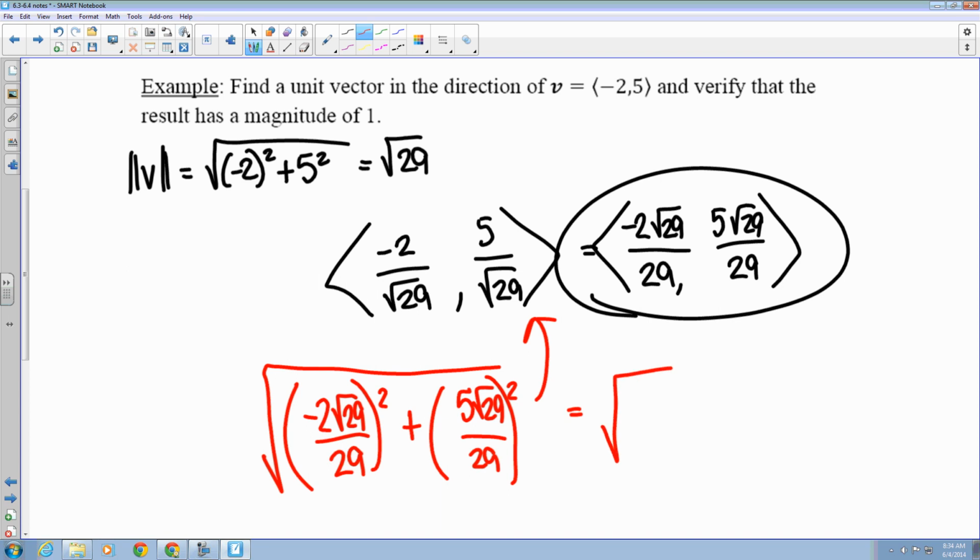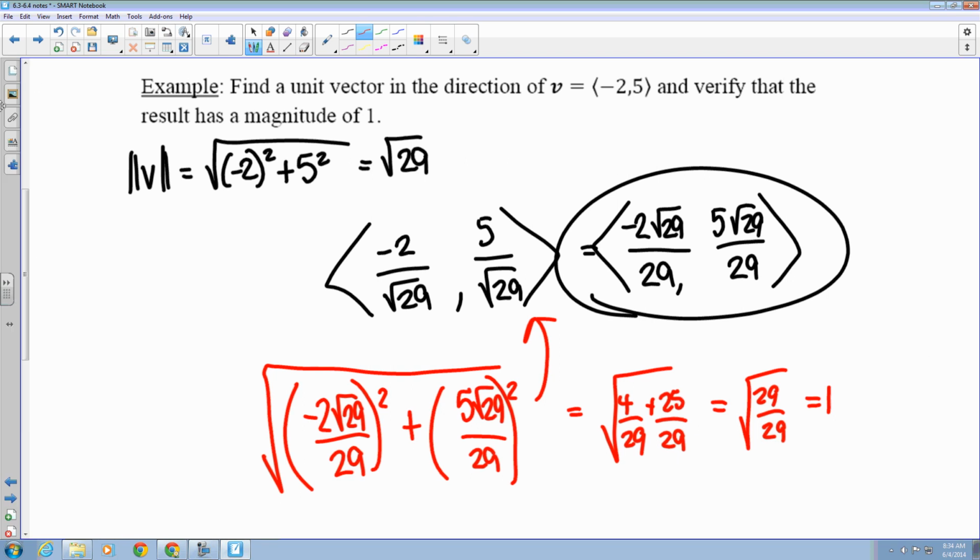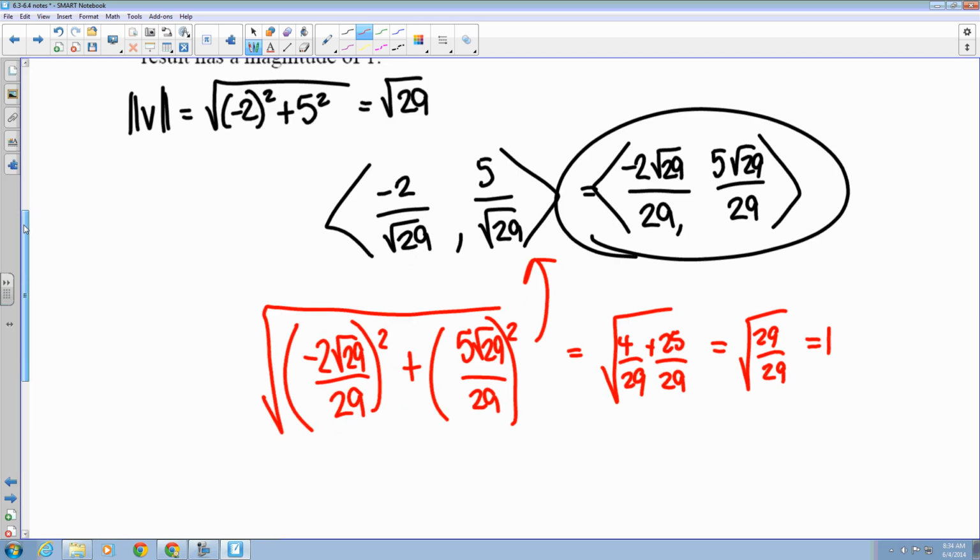This turns into, if you simplify it, 4 29ths plus 25 29ths, which is 29 29ths, or 1. So it does, in fact, have a magnitude of 1.